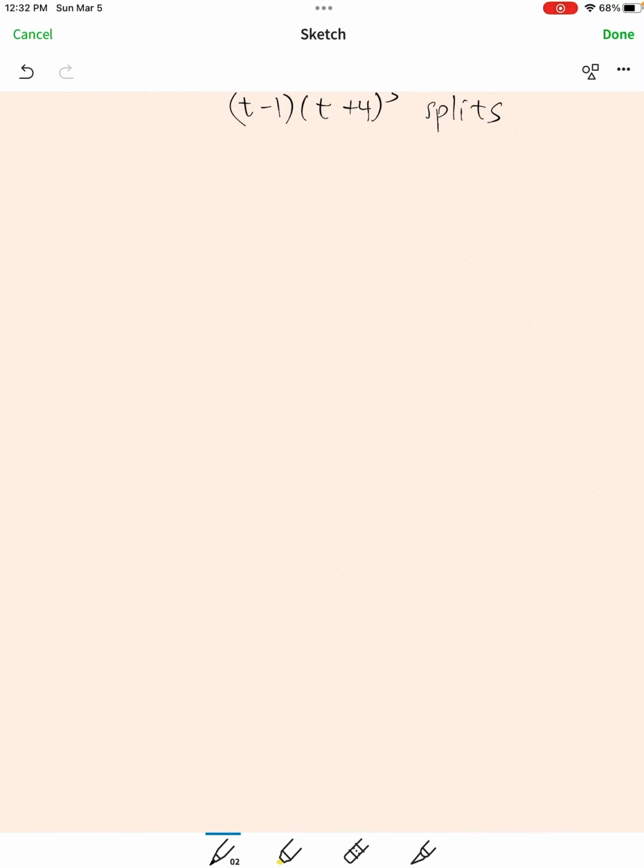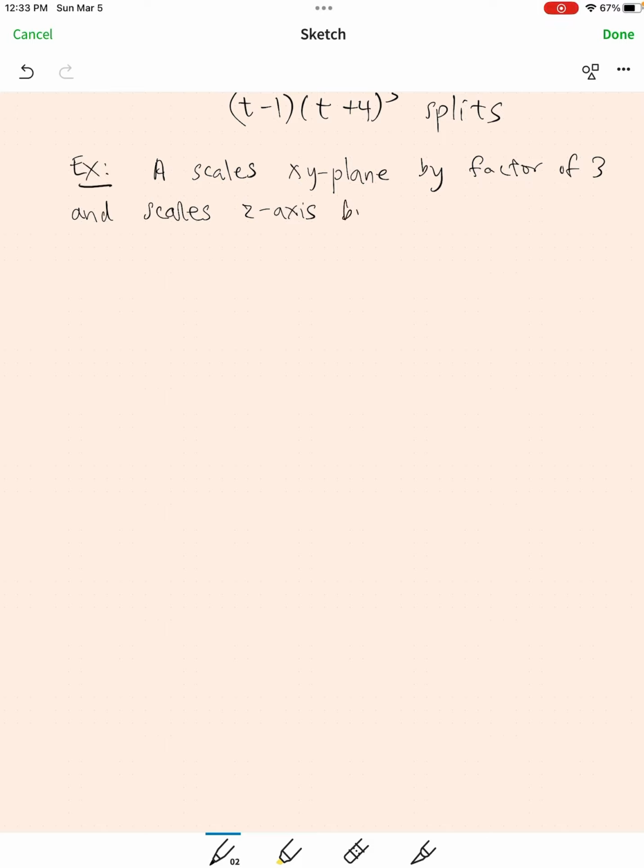Let's just say that A is the matrix that scales the xy plane by a factor of 3 and scales the z-axis by a factor of 4. Let's say A is a matrix that does that.